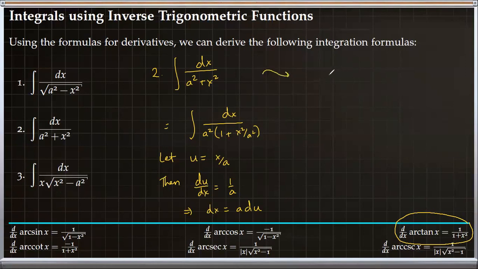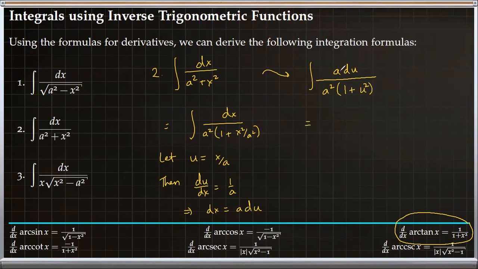Therefore, this expression becomes the integral of a du divided by, we have a squared factored out over here, so I'll just put that over there, 1 plus x squared by a squared, which is 1 plus u squared.